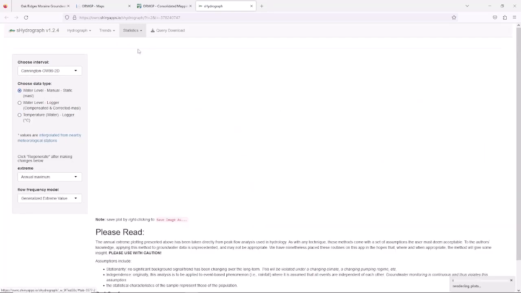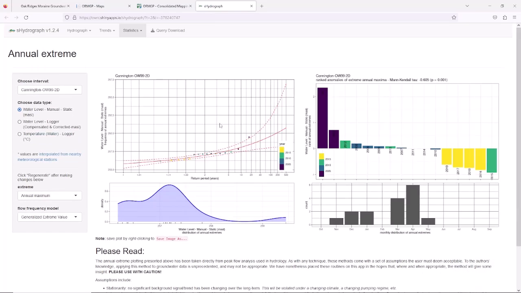We can also look at the annual extremes. So it'll just take a few seconds for this to come up. Now there's a lot of information here, so I'll just summarize a couple of things. First, the top graph in the upper left, we're looking at 2D, the deep well. This is showing the return period. That's just terminology from hydrology and stream flow measurements and looking at maximum floods.